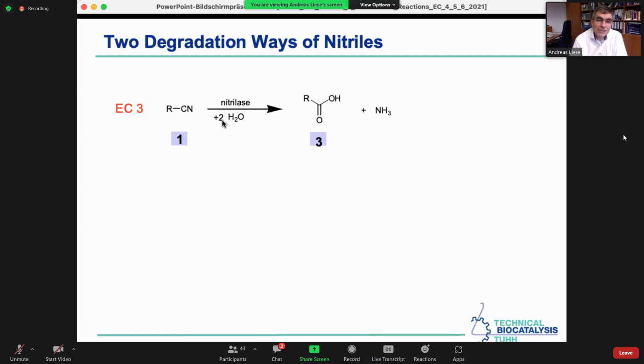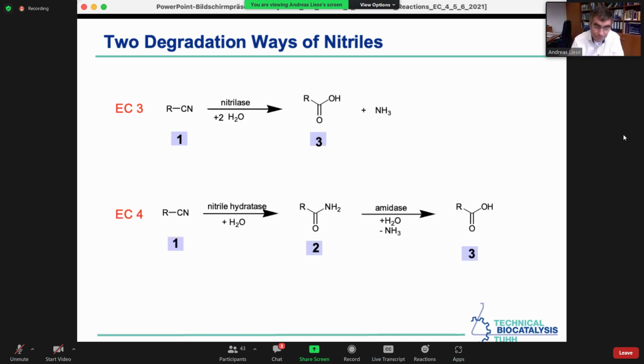Don't be irritated that we have here a number of 2 stoichiometrically for the water. If we're counting starting materials and products, we're just looking at the different kinds of molecules reacting, not the stoichiometry, if it's 1, 2, 3, or whatever the ratio of these individual ones is, because that is determined by the reaction mechanism and the kinetics, what we're not caring for right here at the moment.